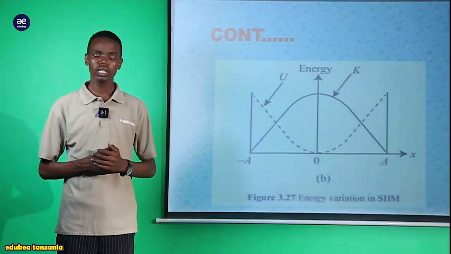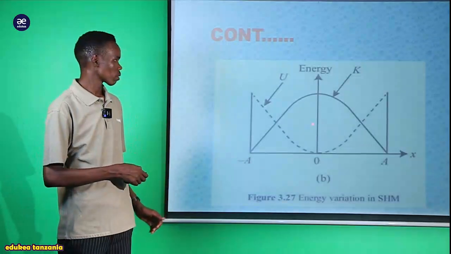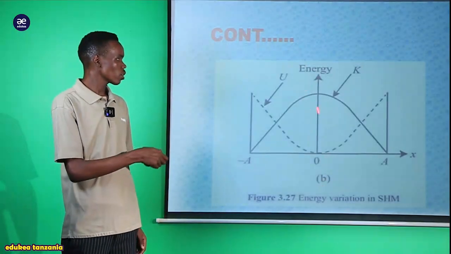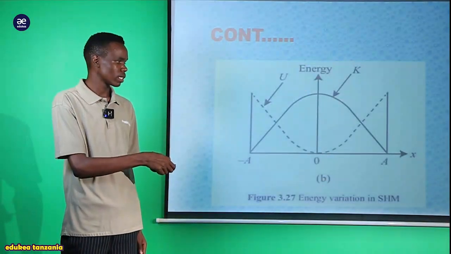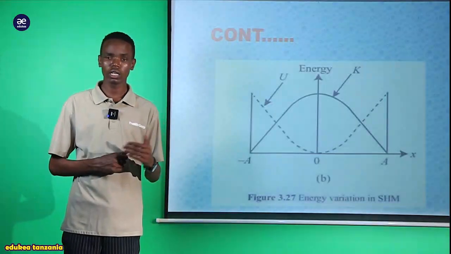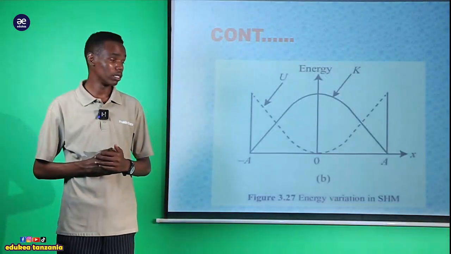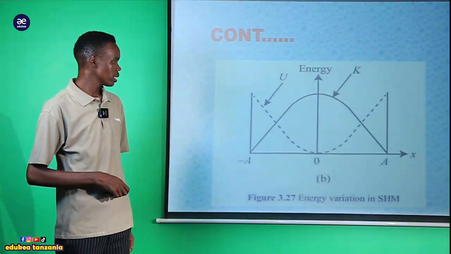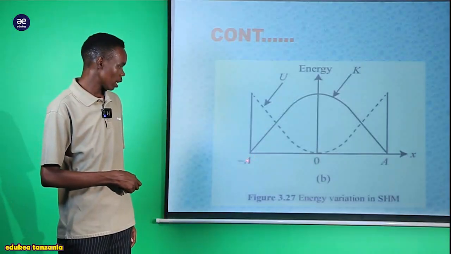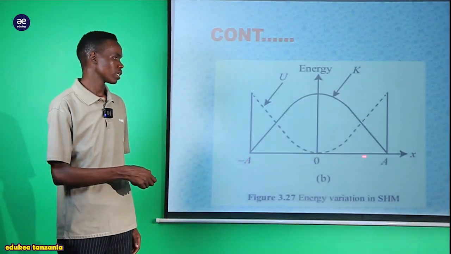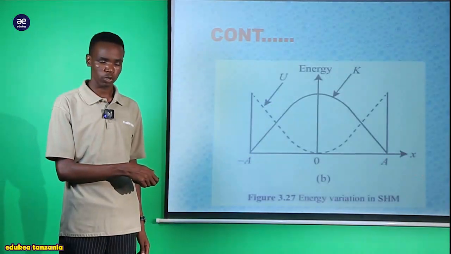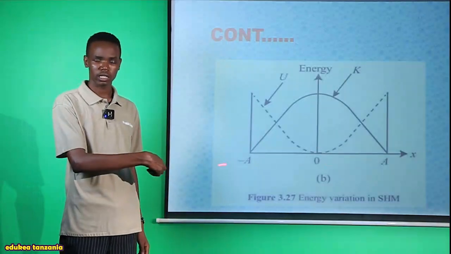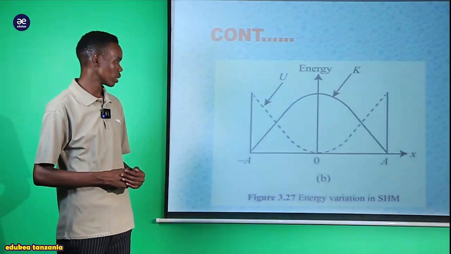As we try to see, my dear student, on the vertical line here we have the energy, but on the horizontal line we should allocate the displacement. As we see, this is the negative amplitude, but this will be the positive amplitude. All lie on the x-axis, as we observe here.